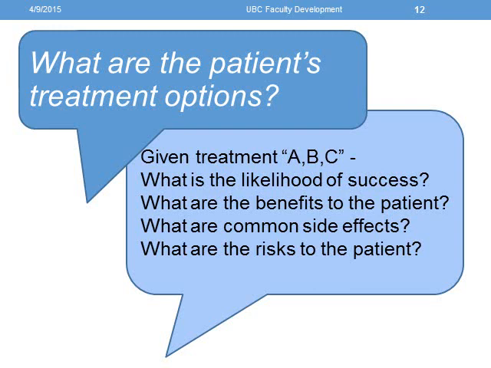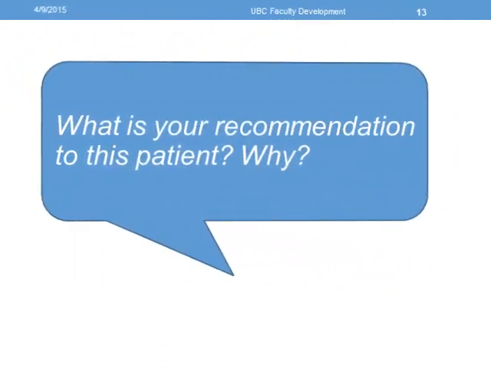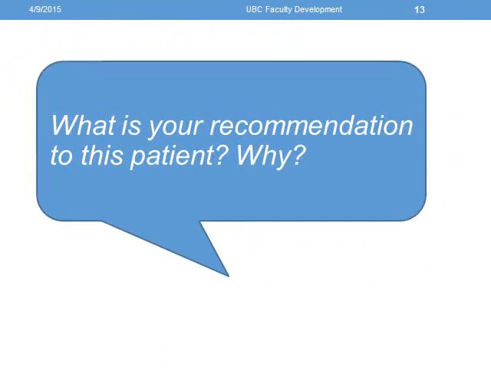The preceptor may ask the learner to compare all of the treatment options or limit the discussion to 2 or 3 of the treatment options. Finally, the preceptor asks for a recommendation and reasons for this recommendation.